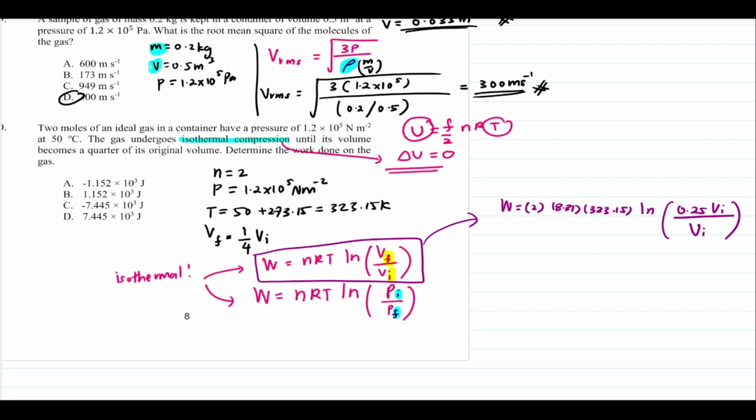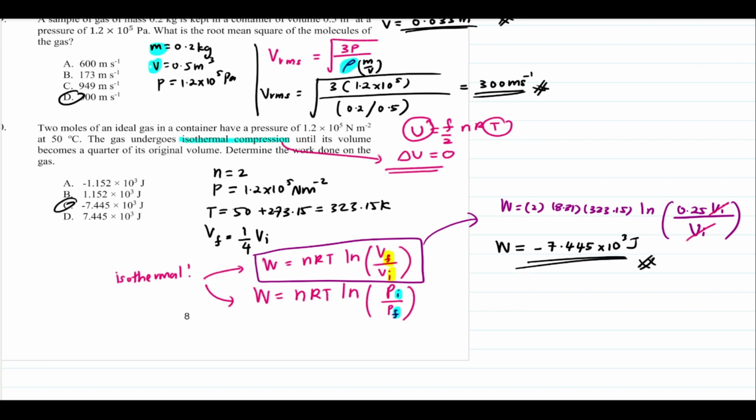Walaupun soalan tak bagi V initial, kita boleh cancel. You tekan kalkulator elok-elok, you akan dapat W is equal to negative 7.445 exponent 3 joule.